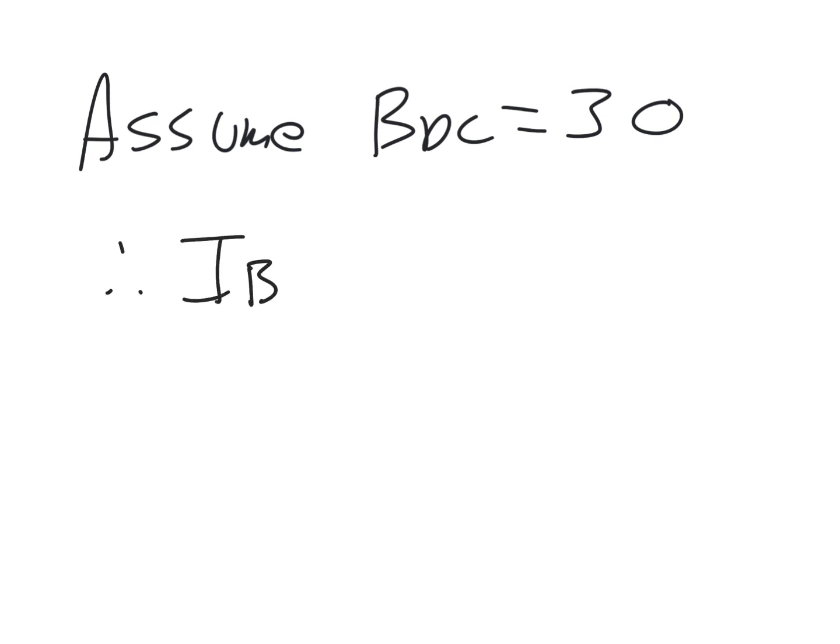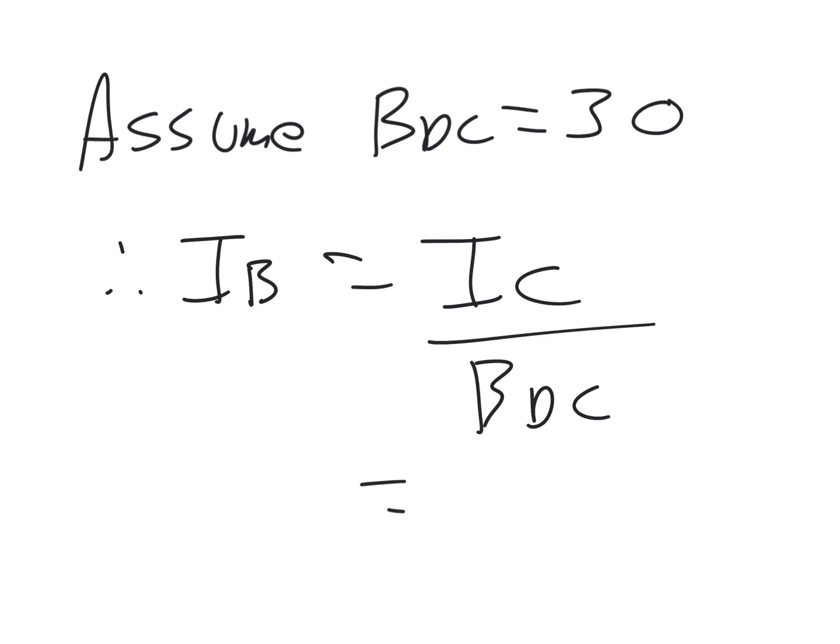Okay, so because the transistor is saturated, let's just assume beta DC is 30. Therefore, the base current equals the collector current divided by the beta DC.